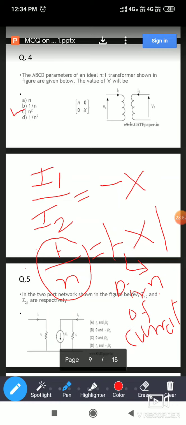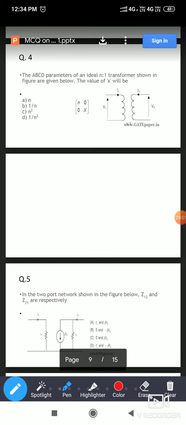So 1 upon n is given in option B. So option B is the correct one, that is x is equal to 1 upon n. So you must know the properties or formulas regarding the transformer, and you must know the equations of the ABCD parameters. Then only you will be able to solve such types of problems in the GATE exam or any other competitive examination. Okay, now next we will move to the next problem.